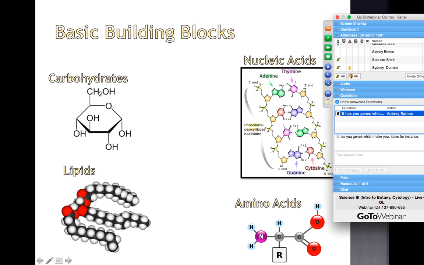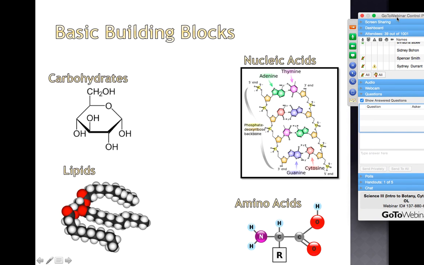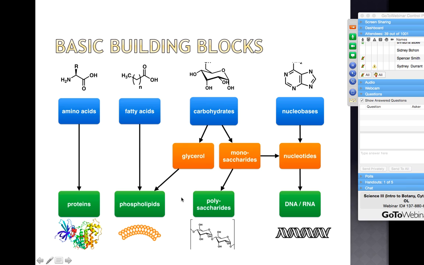What about amino acids? Did you know anything about amino acids? Yes. That's right.